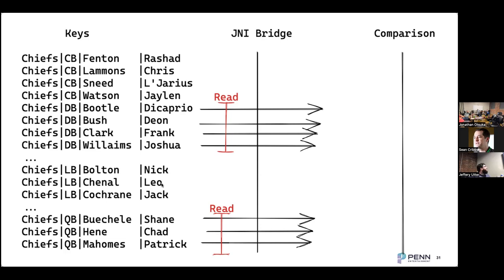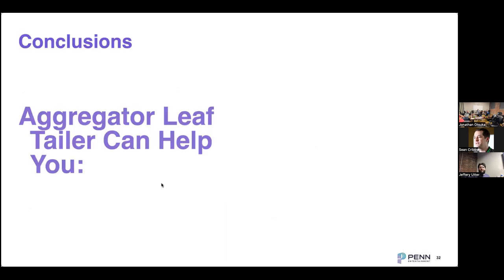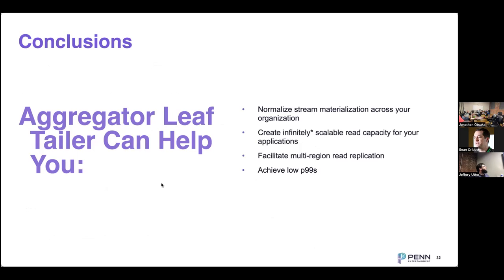Yeah. And I feel like I had this slide in here twice, so you're gonna get it twice. So the aggregator leaf tailor pattern can help you normalize stream materialization across your organization, right? That's what we did. Each team doesn't have to figure out how they're getting that data off the stream and into their application.